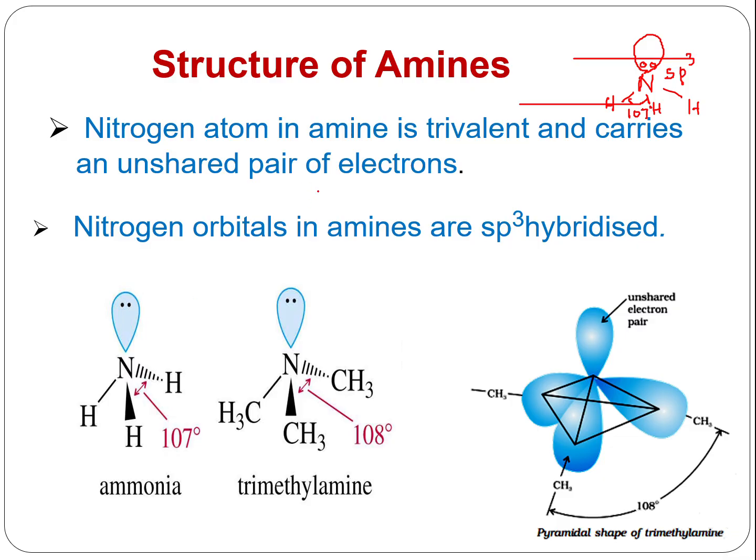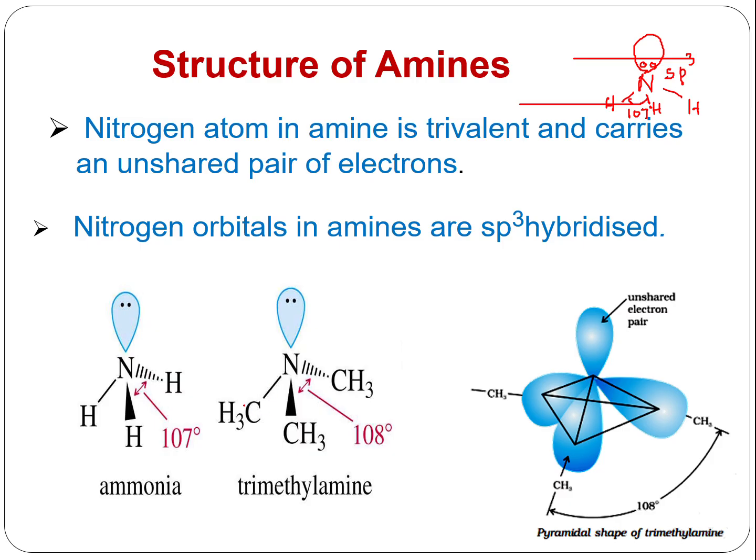In the same way, in amines, the nitrogen atom is trivalent and it carries an unshared pair of electrons, that is a lone pair of electrons, and the nitrogen's orbitals in amines are sp3 hybridized. But the slight difference between alkyl amines and ammonia is the bond angle.